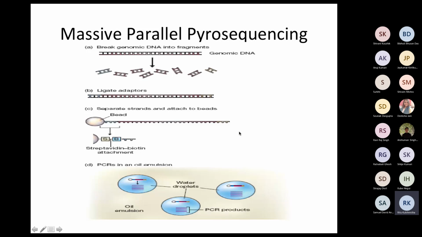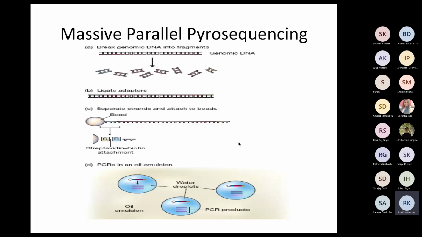Because now we want to perform PCR. Could we have performed PCR on these DNA fragments? No, because we didn't know the identity of any of the DNA fragments. So I add one adapter here and one adapter here, and I know the sequence of each of these. So now it means that I can perform PCR.